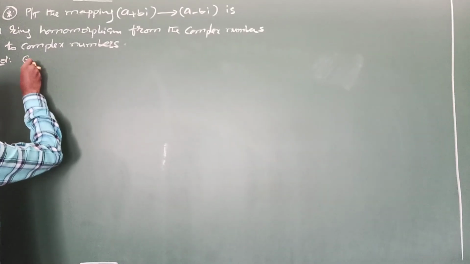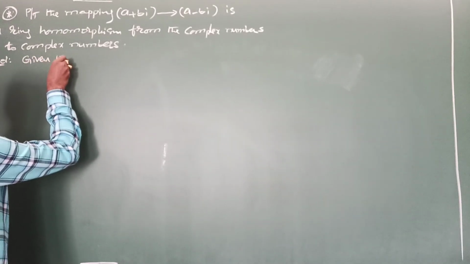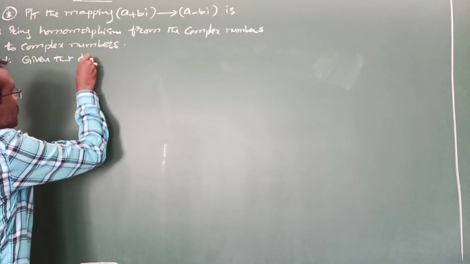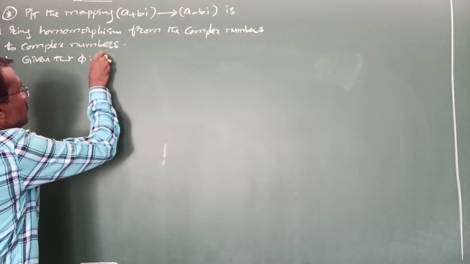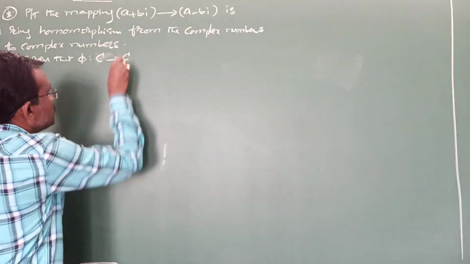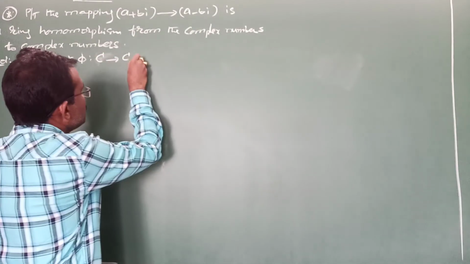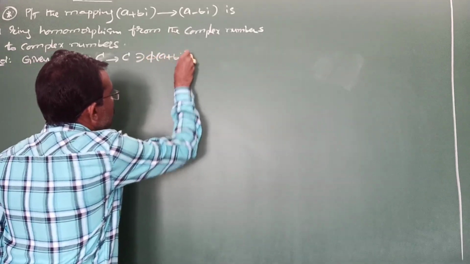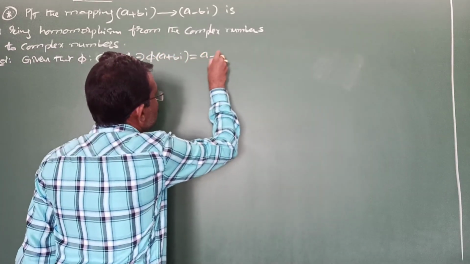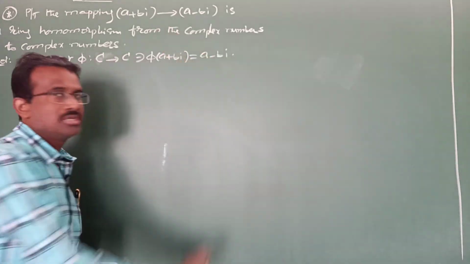Given that phi is a mapping from C to C, complex numbers to complex numbers, in such a way that phi of a plus bi is equal to a minus bi. That is the meaning of the above condition.